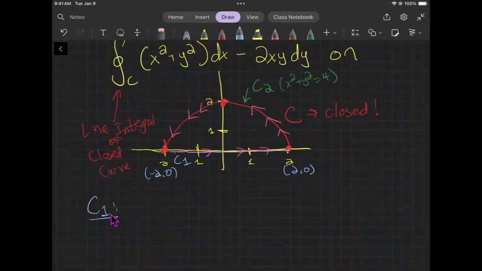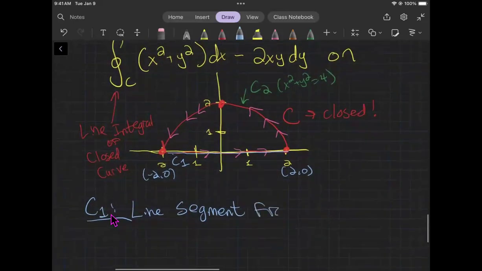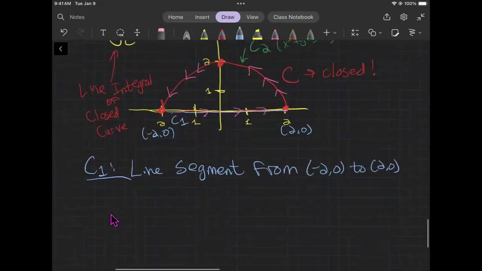So for C1, this is a line segment from minus 2, 0 to 2, 0, okay? R of t is the starting point plus t times the final point minus the initial point.